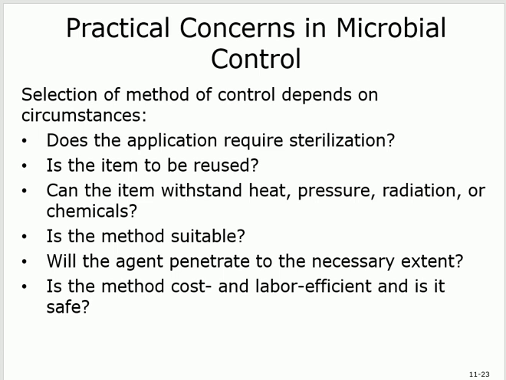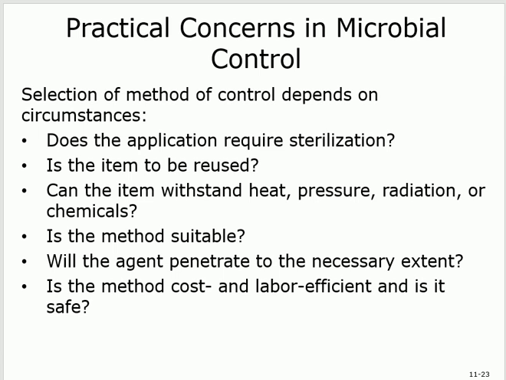So you ask yourself, if I need to sterilize, can it take the heat, pressure or radiation? I'm going to use heat or radiation or pressure or chemicals. Does it take it or not? What am I going to use on my hand versus what I'm going to use on a countertop or any other method? Is this method suitable or not?